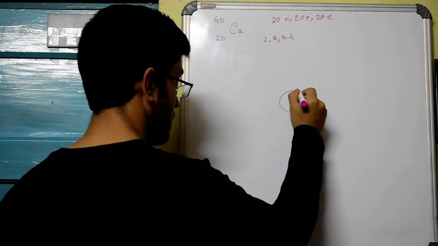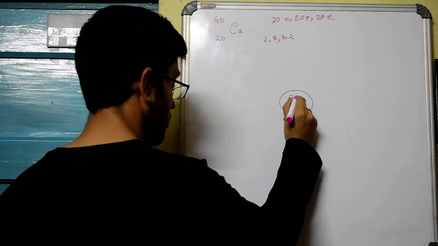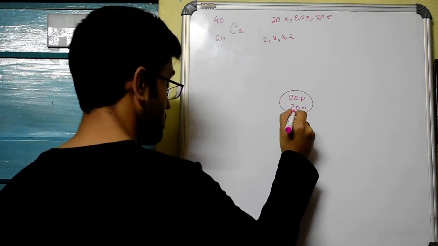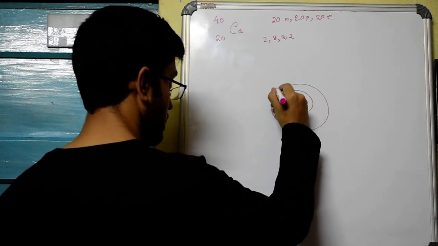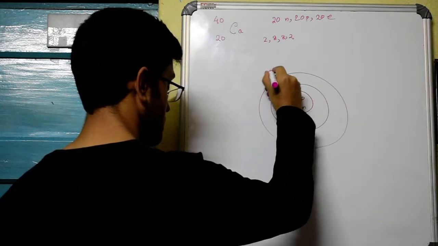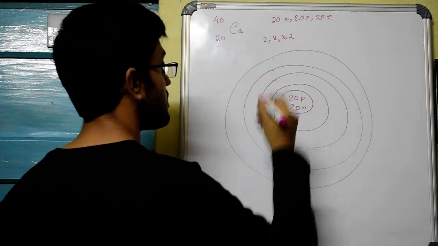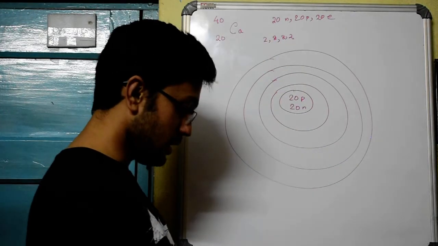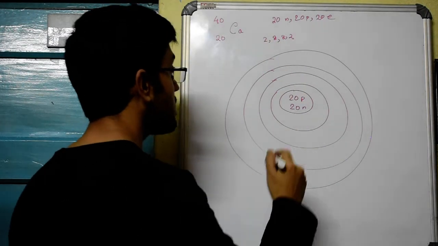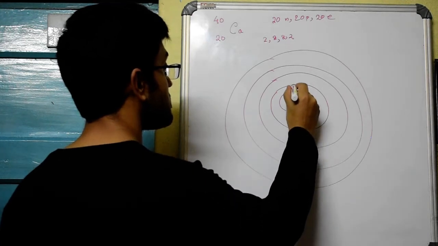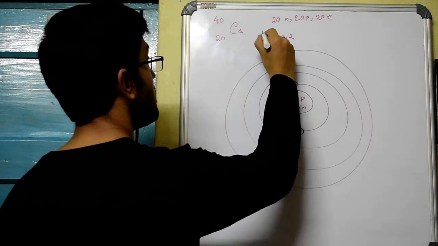We have the calcium nucleus here having 20 protons and 20 neutrons. We need 4 shells. The first one is our K shell. K shell will have 2 electrons. This one is our L shell.